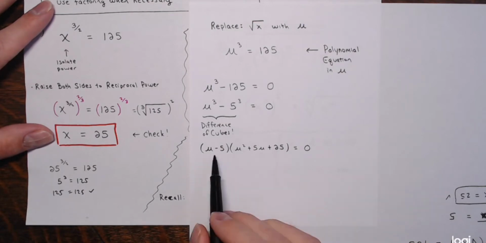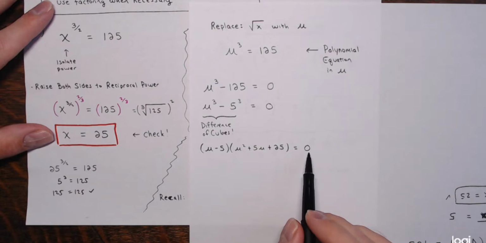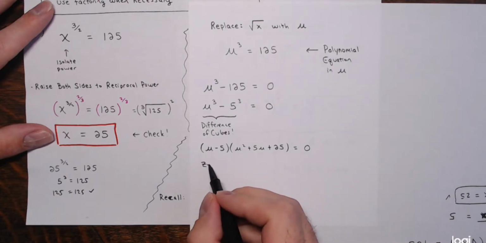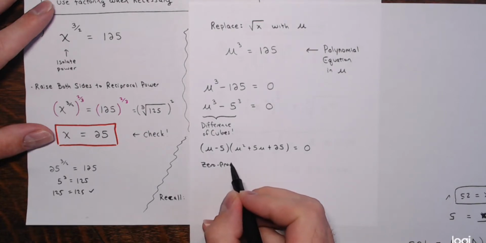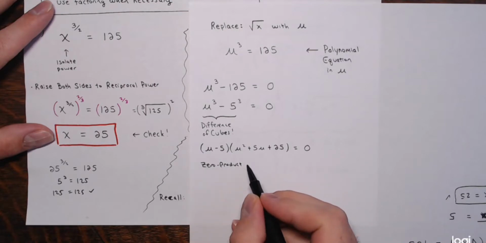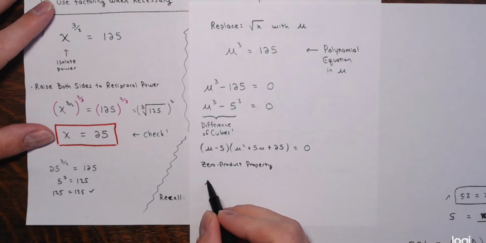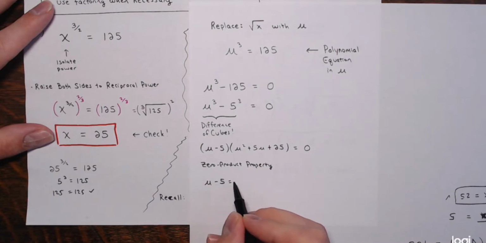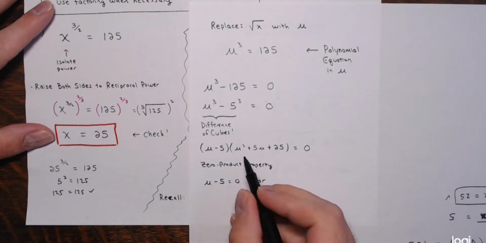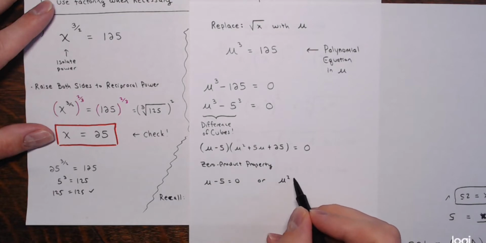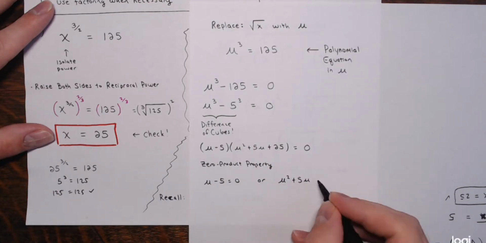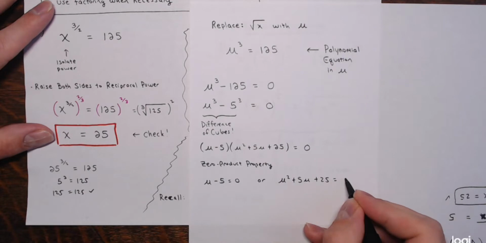And now I have a product equal to 0. So by the zero product property, at least one of these factors has to be 0. So either u minus 5 equals 0, or this u squared plus 5u plus 25 equals 0.